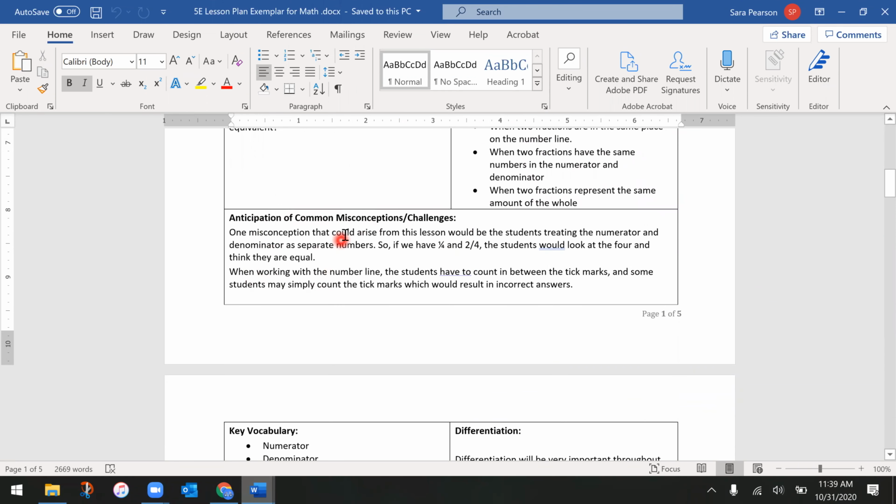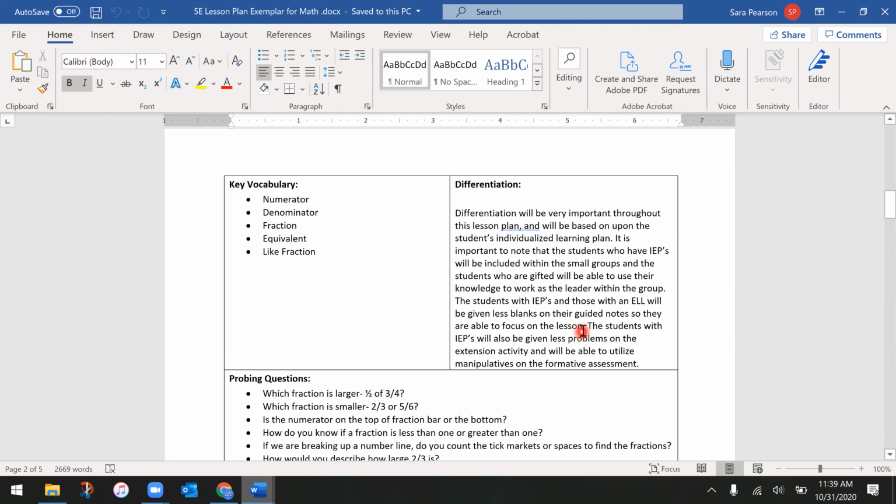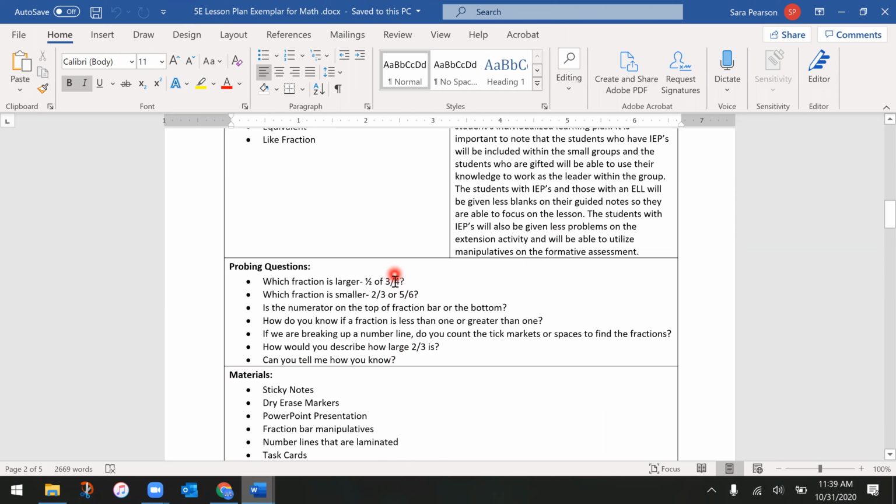There is a section for differentiation here. This is kind of like an in general differentiation, but you want to include some ideas in each of the 5E lesson plans. You'll also see some probing questions. These questions can also support, I will count those towards the 5 questions that you are required to write in your lesson plan.